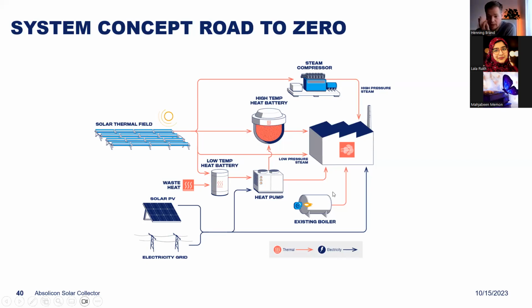And in the end, you still have normally the existing boiler, but maybe it's just 1% or 2% left, because it's maybe for emergency or backup when there's a maintenance on something. So normally we recommend to keep it. But with this technology mix, we can produce very close to zero carbon for industrial or for residential heating systems.